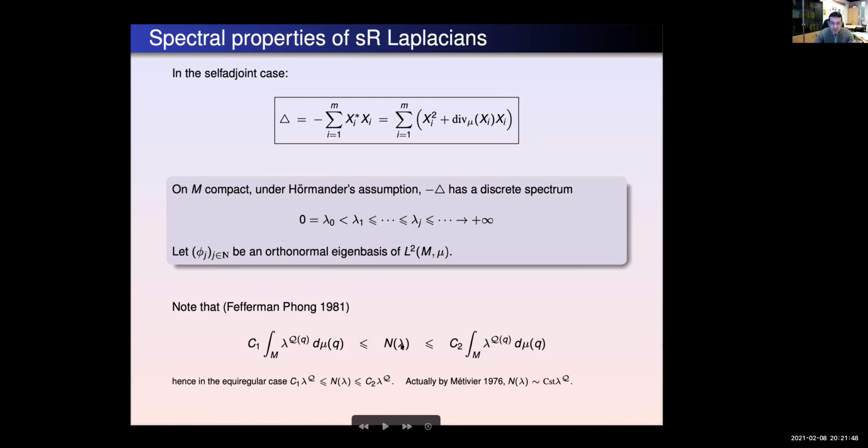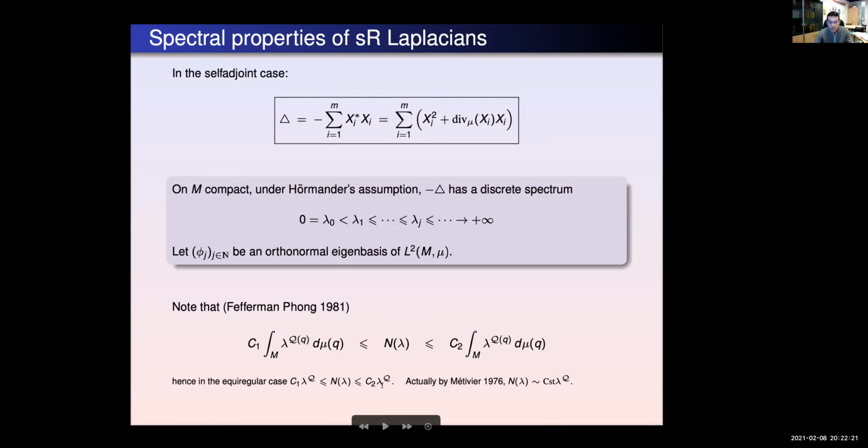What is already known about that is the very famous result by Fefferman and Phong in the 80s, saying that N of lambda has double inequalities, for instance, in the equiregular case, N of lambda is bounded above and below by lambda to the power Q, which is the Hausdorff dimension.